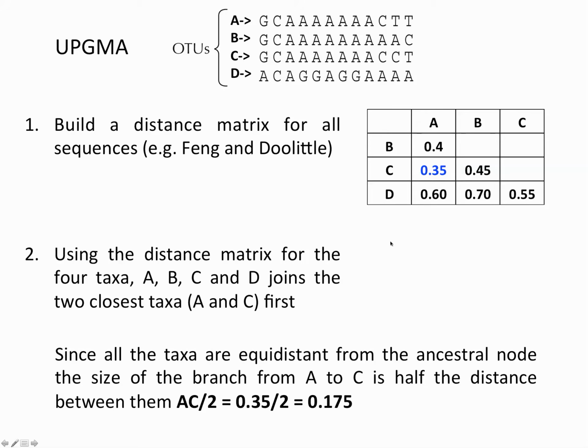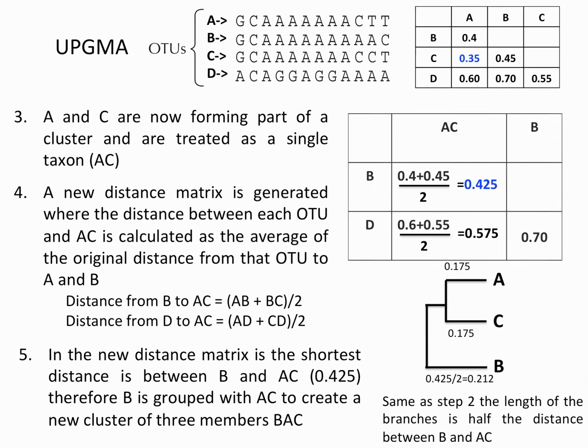Then you start by grouping the two taxa with the smallest distance. The branch length connecting these two taxa is half the distance between them. Now you recalculate the distance matrix using this time a taxon composed of the two previously clustered elements.